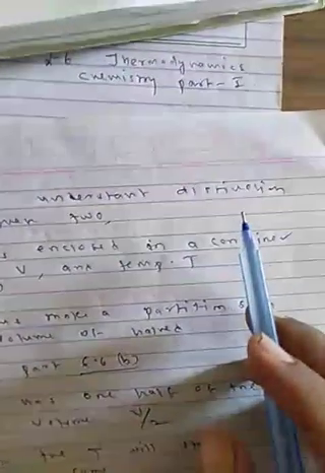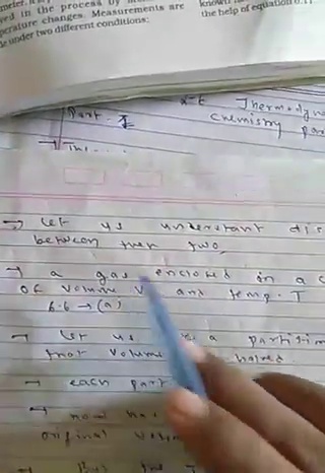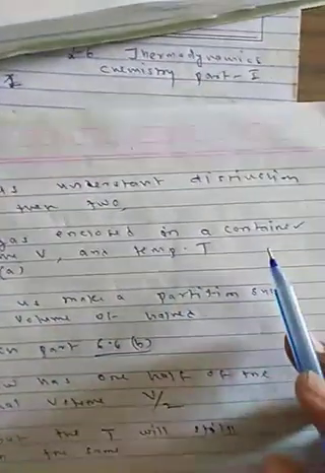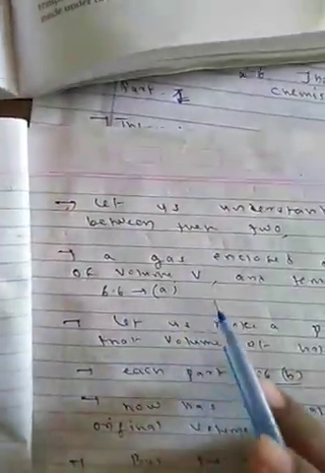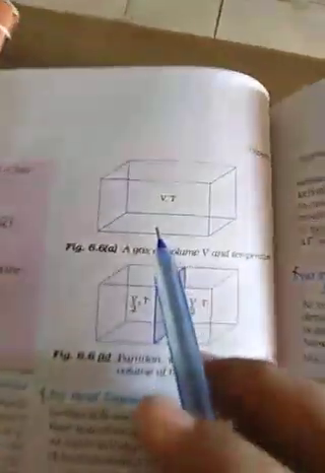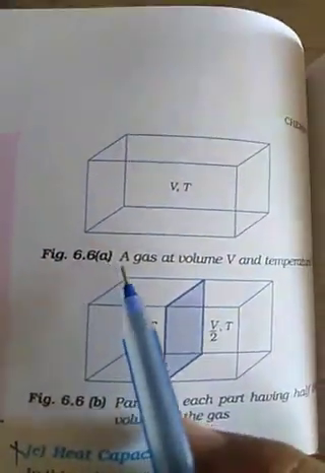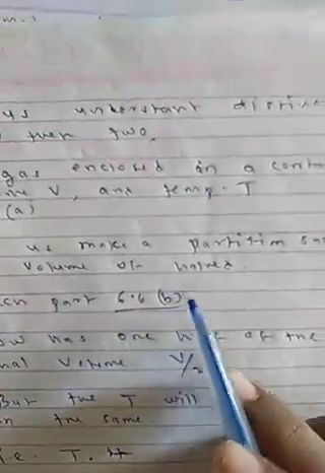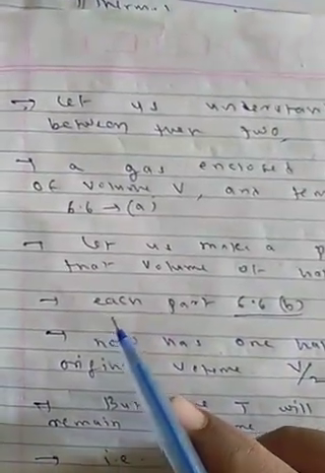Let us understand the distinction between the two. A gas is enclosed in a container of volume V and temperature T, as shown in 6.6a. Now let us make a partition such that the volume is halved in each part.